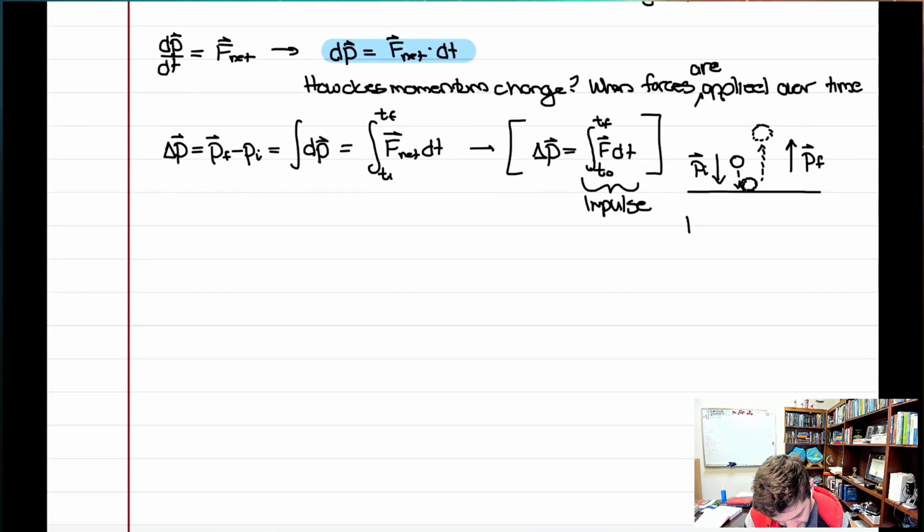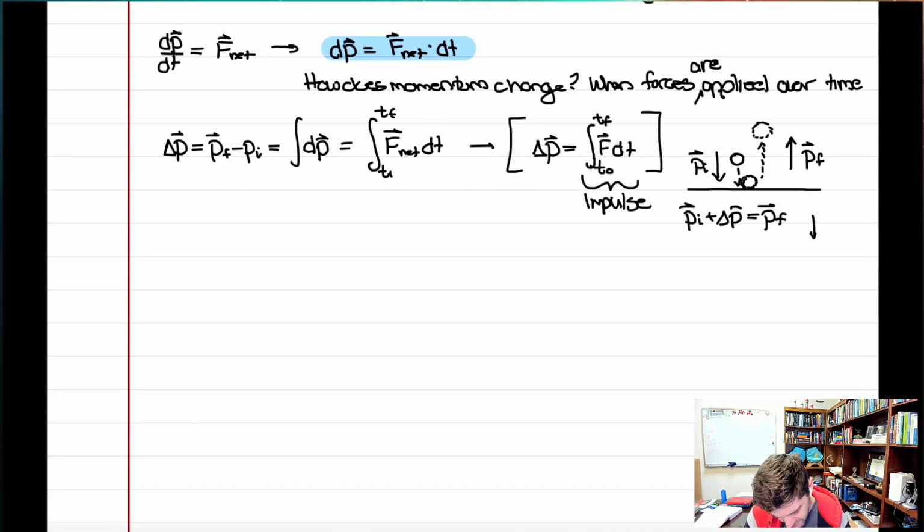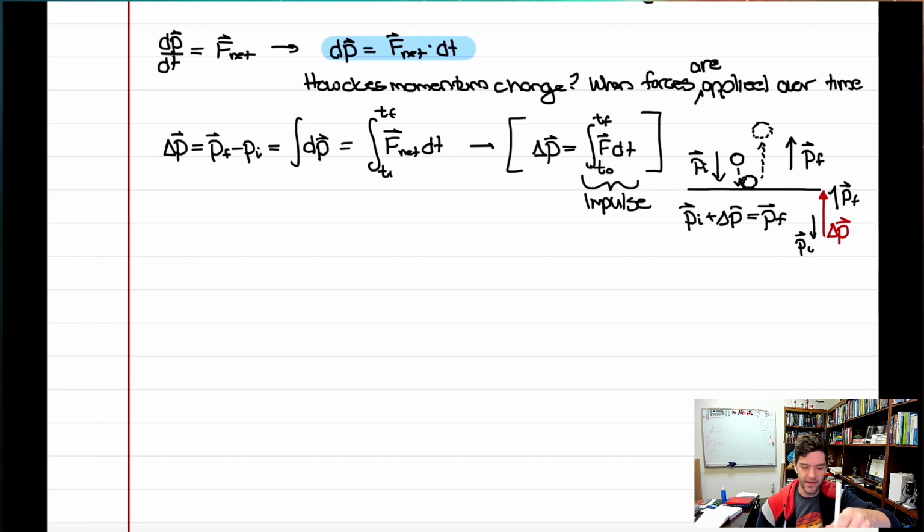So I know that P initial plus delta P is going to be P final. If I initially am starting with a downward vector and I'm ending with an upward vector, then just by vector addition, there needs to be some delta P vector that points upward in this case, because that's the only way that I can take a vector pointing down and add a vector to it such that it's now pointing the opposite direction, upward.